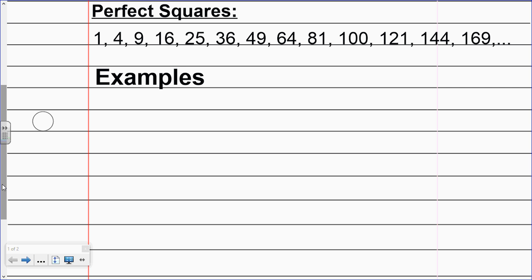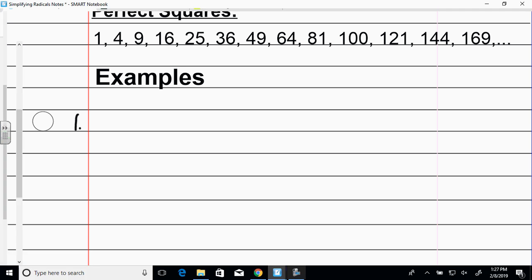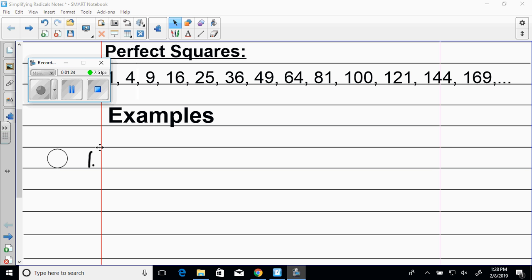So, example 1. All right, so for example 1, we're going to simplify the square root of 24.